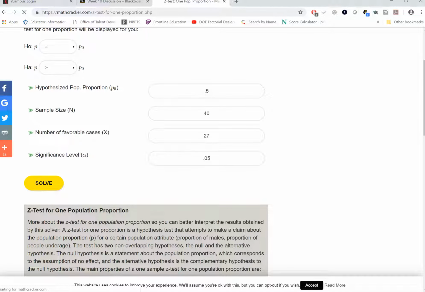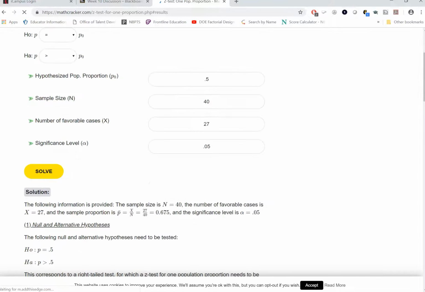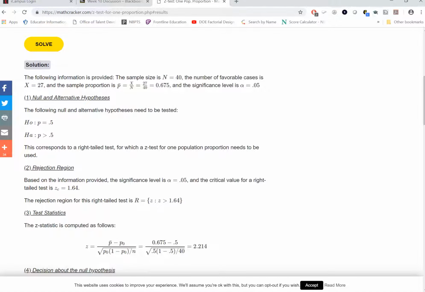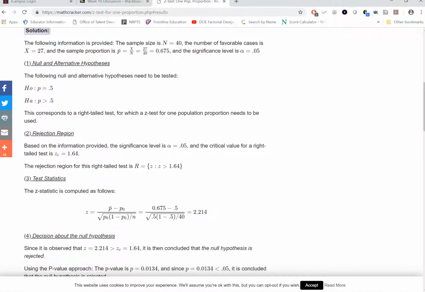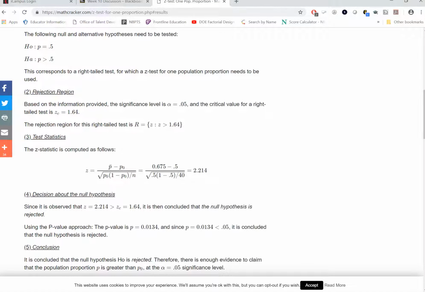So once you hit solve, you will notice that not only are you going to get the results on this particular calculator, but it gives you the interpretations. So as you read further down, you can see all of the values that are computed here, from the z-score of 2.21, which is one of your questions, to the actual p-value approach.